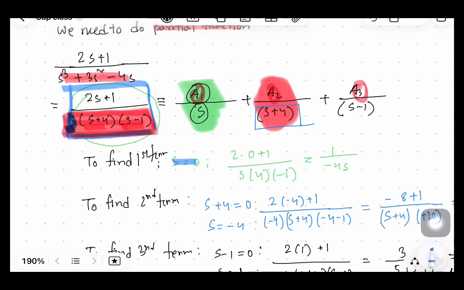If we put s equals 0, we get 2 times 0, s plus 4 becomes 0 plus 4, s minus 1 becomes 0 minus 1. So here we get the first term.